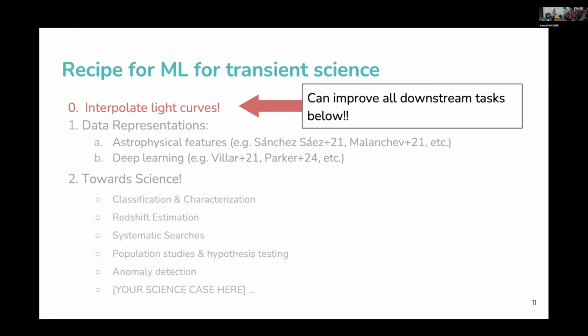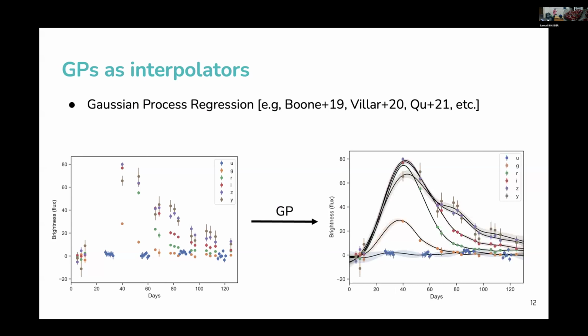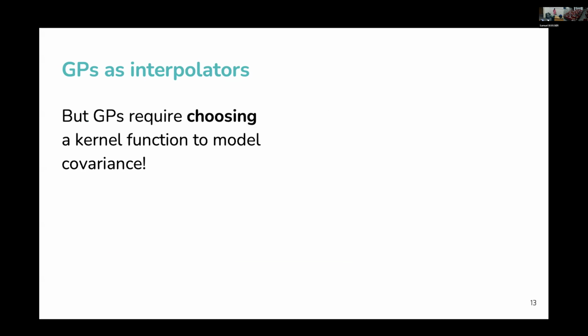So it improves everything downstream below. And the most typical approach for us transient astronomers is to use Gaussian processes for this. So you can use a GP regression to go from sparse data and interpolate between time and wavelength and go to much denser representations.